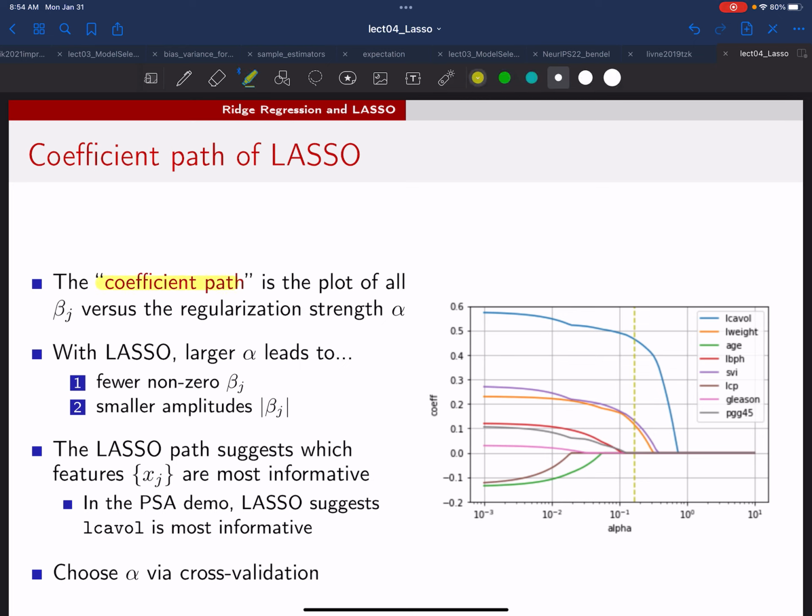One of the advantages of linear regression that we mentioned earlier is that it can help us determine in a scientific experiment which of the features are most important and which ones we should ignore.